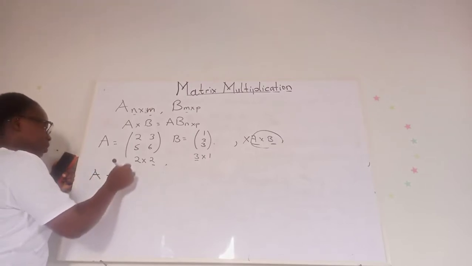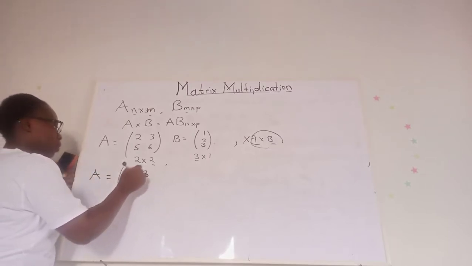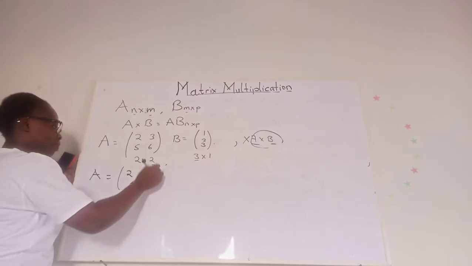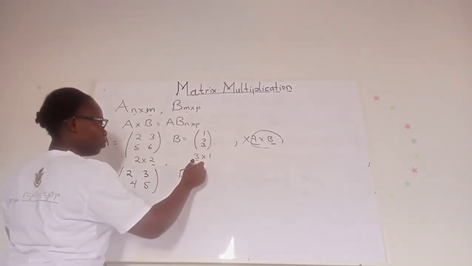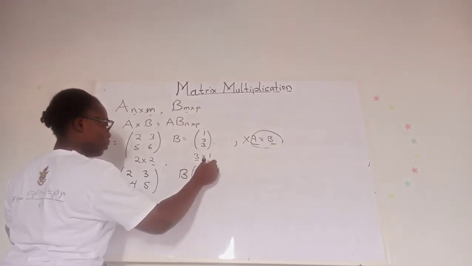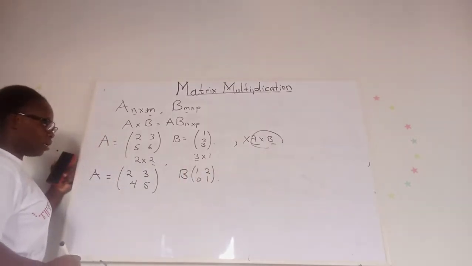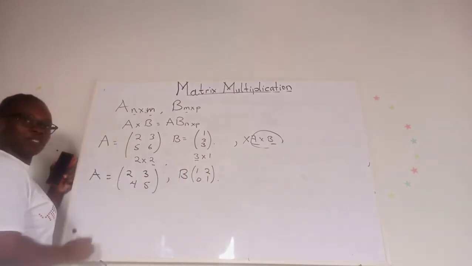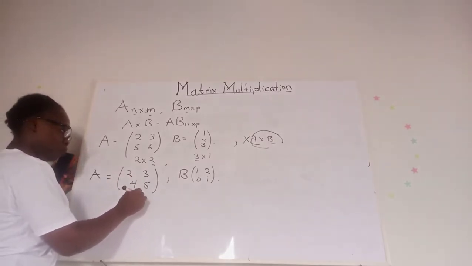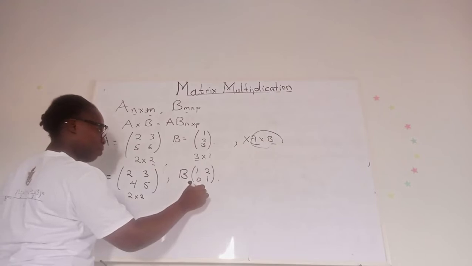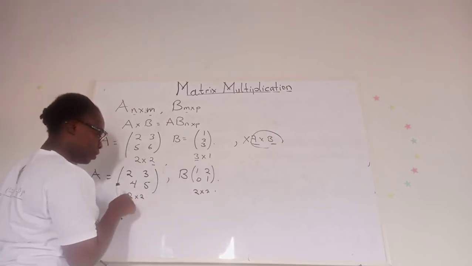So let's take another matrix. Let's take an example. A is 2, 3, 4, 5. Then I have the matrix B, which is 1, 2, 0, 1. Okay, so let's check if we can multiply these two matrices. A is of order 2 by 2, and B is of order 2 by 2.